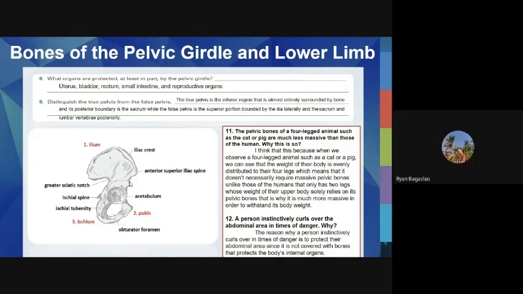For number 11, the pelvic bones of a four-legged animal such as a cat or a pig are much less massive than those of the human. Why is this so?